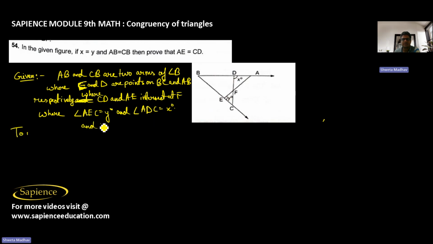It is also told that AB equals CB, and we have to prove that AE equals CD.